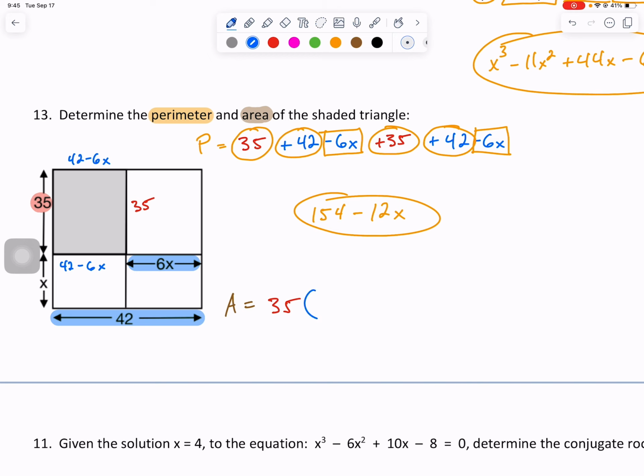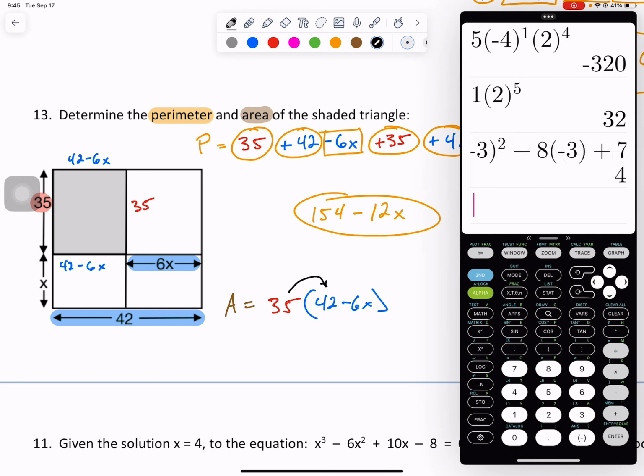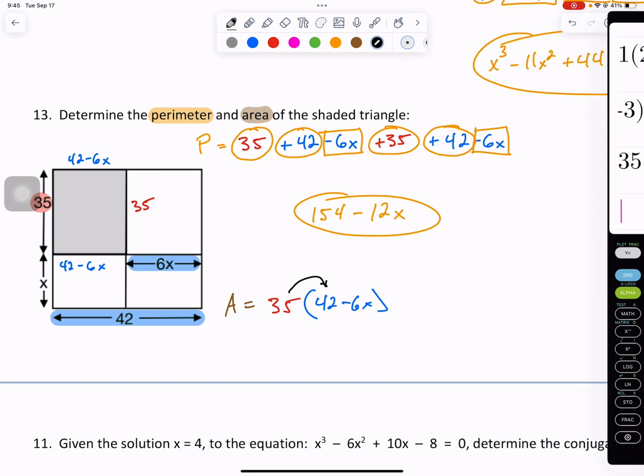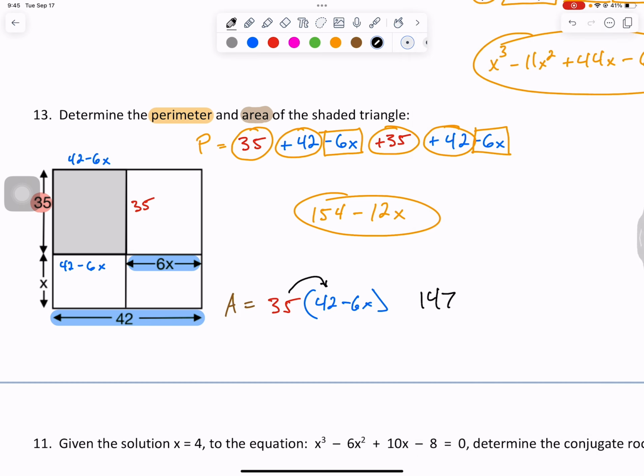We're going to multiply it to 42 minus 6x. So 35 times 42, let me call on our calculator here. That's going to give us 1470. If you're working with inches, feet, centimeters, millimeters, for us, we're going to go feet.